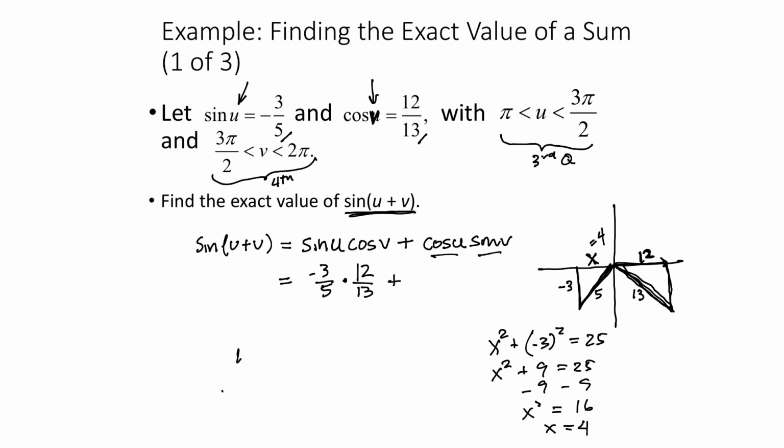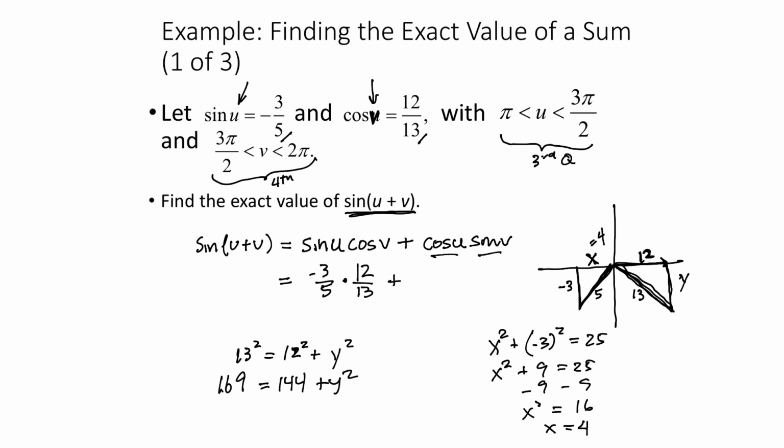The 13 is my hypotenuse, so 13 squared will equal 12 squared plus, we'll put this as y squared. So 169 is equal to 144 plus y squared.